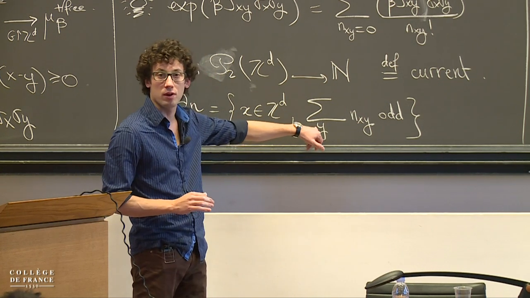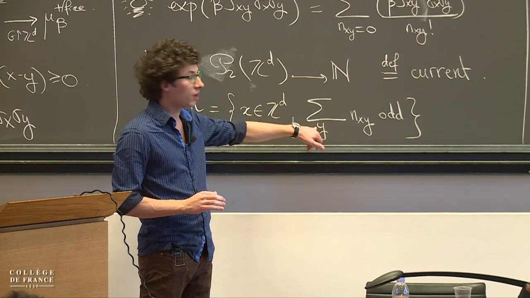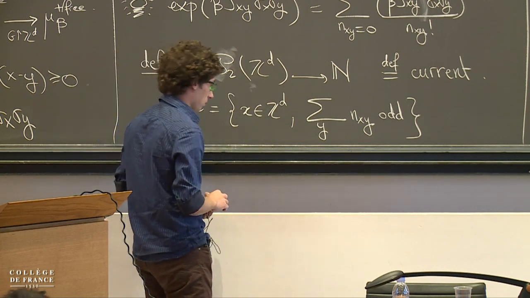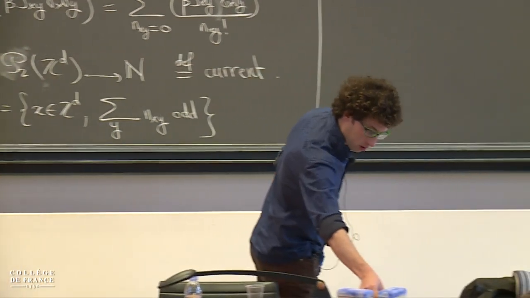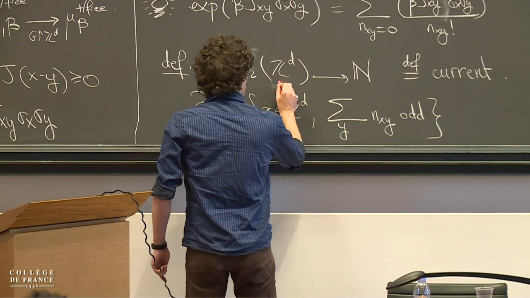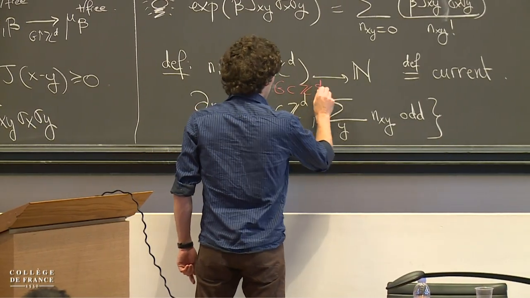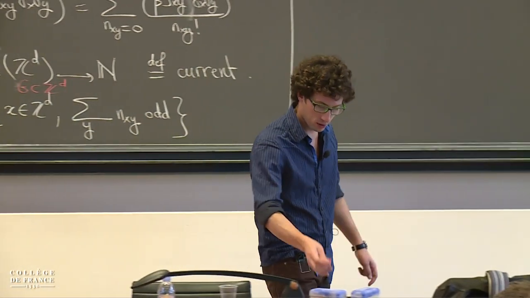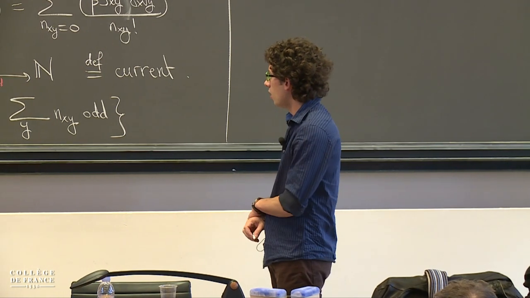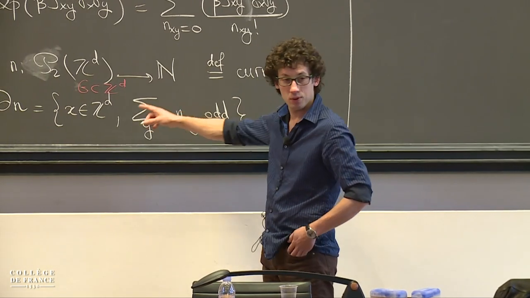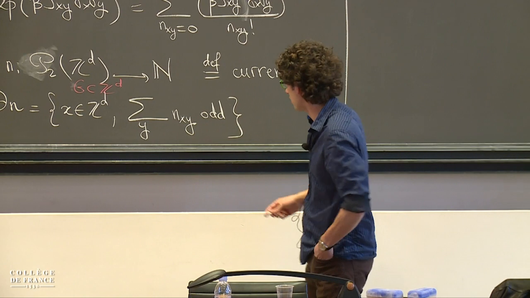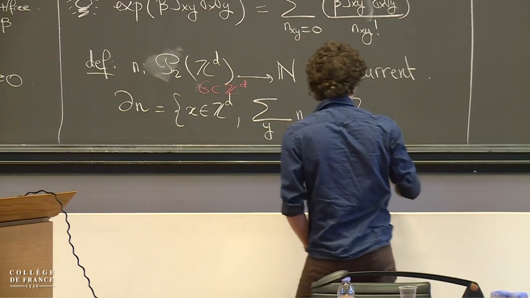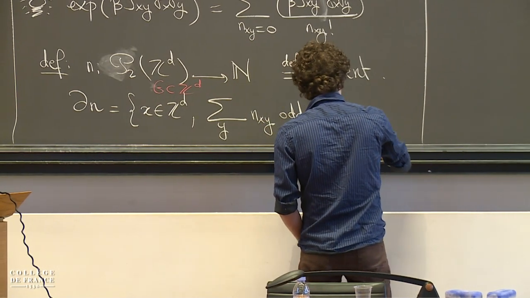Because I'm summing over every y. But concretely, what we will do, we will always work on finite subsets here. So we're going to take G, a subset of Z^d, and in fact, maybe sometimes it will not be exactly a subset of Z^d, but I will let you know exactly when. Okay, so then this thing completely makes sense. It's a finite integer, and when it's odd, I put x in this set, and I call it the set of sources.